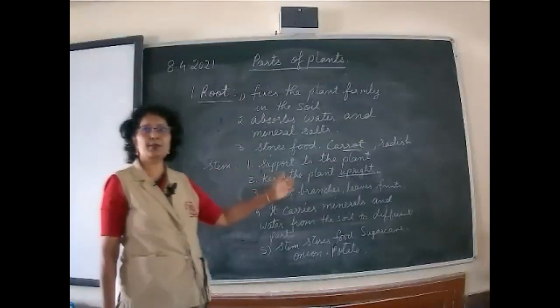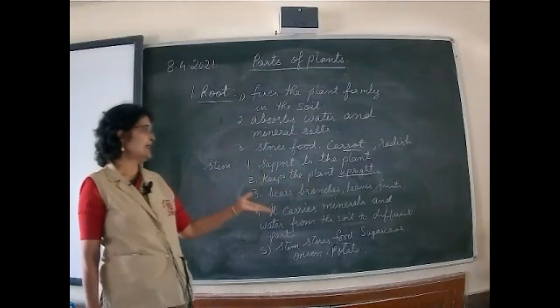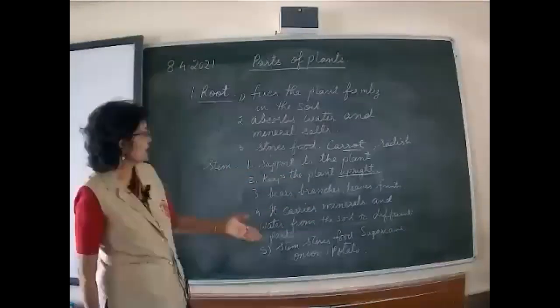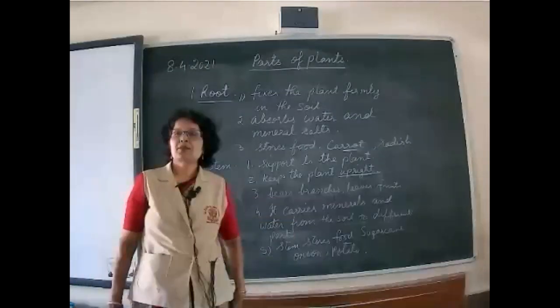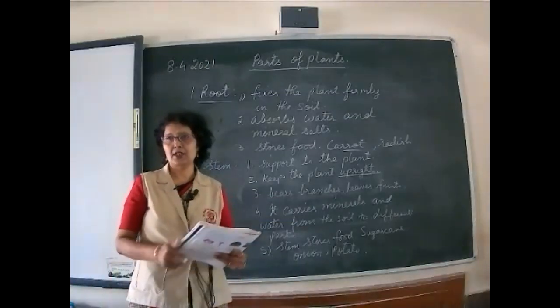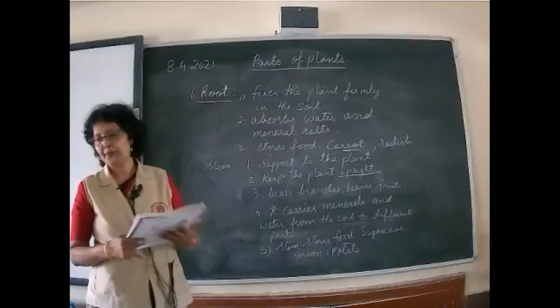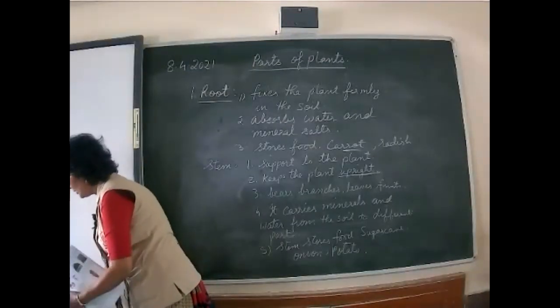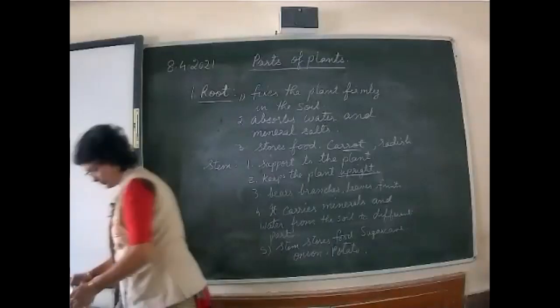Stem gives support to the plant. It bears leaves, branches, fruits, buds, etc. It carries minerals and water from the soil to the different parts of the plant. So this was about root and stem.